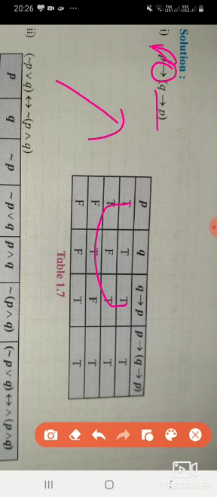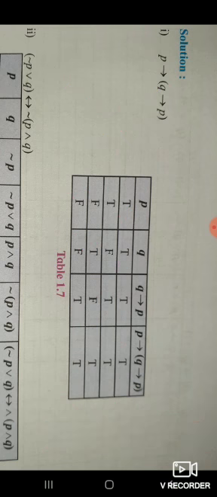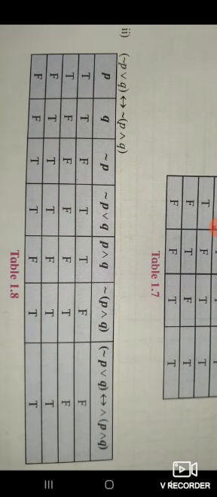If then statement, the same table. True to true is true. False to false is also true. False to true is also true. All are true in this one. This one is called the truth table.